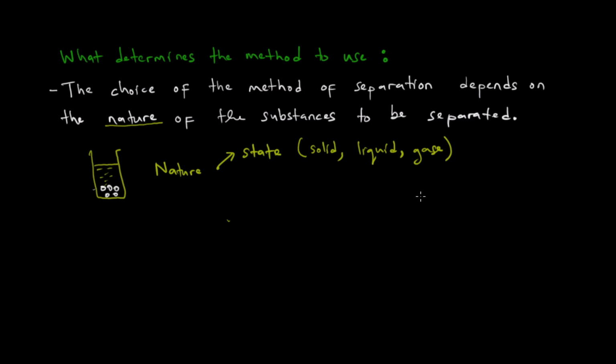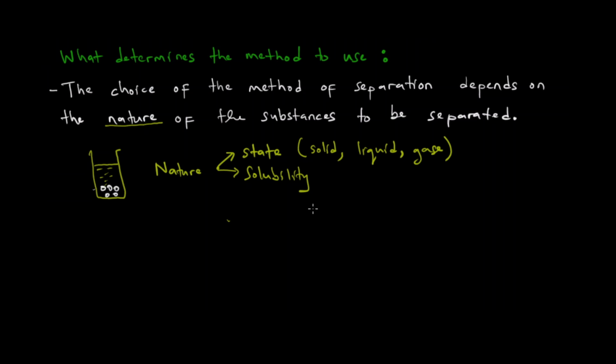Inogona kunge iri nature iyoyi. Like for example, tikatarisa our mixture of water and stones kana kuti sand, tikuona kuti water is a liquid and the sand, these are solids. Takutoziva kuti how can we separate a liquid and a solid. But hazviperi ipapo, tinotarisa zvakare yavanoti solubility.